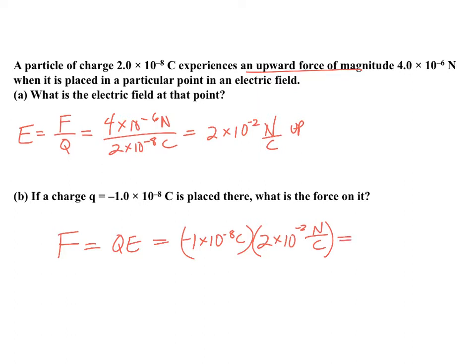And so the force on this one will end up being 2 times 10 to the minus 6 newtons down. That's because of the sign. That negative sign points it down. Right? Easy peasy.